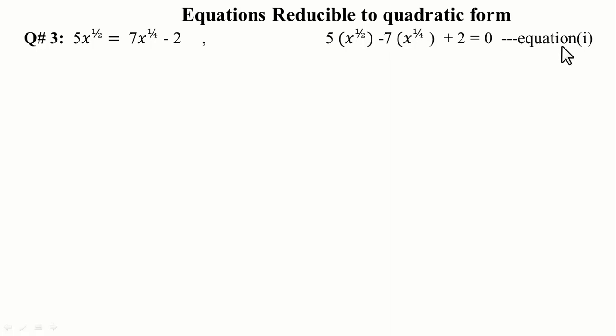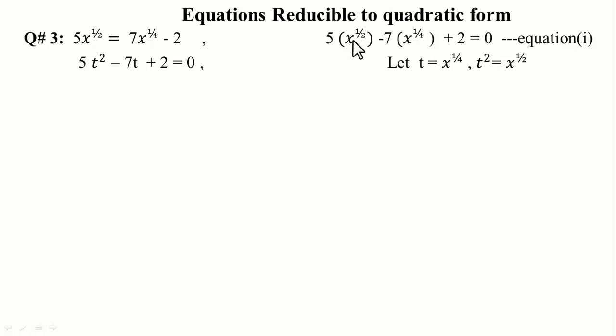This one is equation 1. Now let's consider the substitution. Let t is equal to x to the power 1 upon 4. This implies that t square is equal to x to the power 1 upon 2.